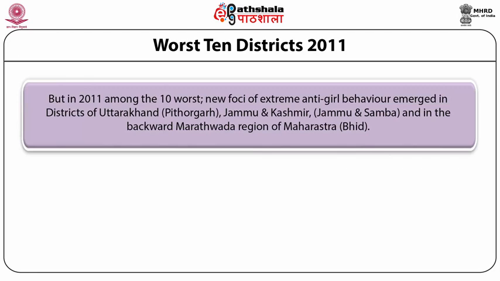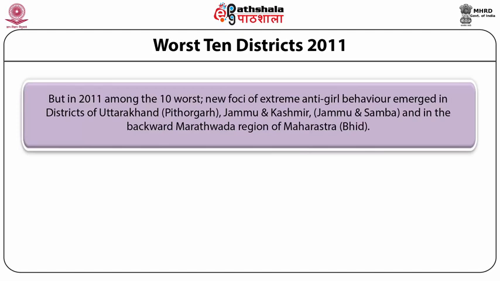We see areas like Pithoragarh, in Uttarakhand near the border of Nepal and Tibet. We are seeing Jammu and Samba, in the Jammu region of Jammu and Kashmir. We are seeing the Marathwada region, one of the most backward areas of Maharashtra, and one of its most backward districts, Beed, has emerged among the worst 10.